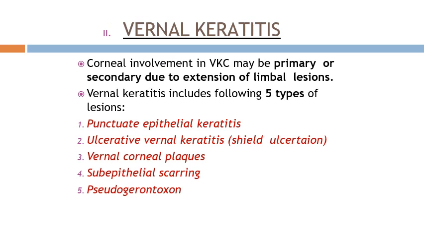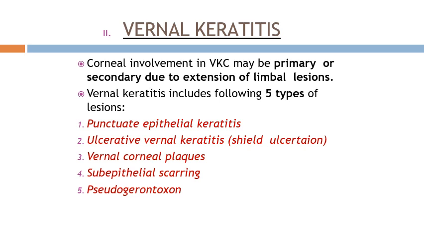Vernal keratitis, we already know from the conjunctiva topic, is more of an allergic type of keratitis, which is more common in young children, mainly involving the limbal conjunctiva as well as the palpebral conjunctiva, where very big papillae are seen in the upper lid papillary conjunctiva.